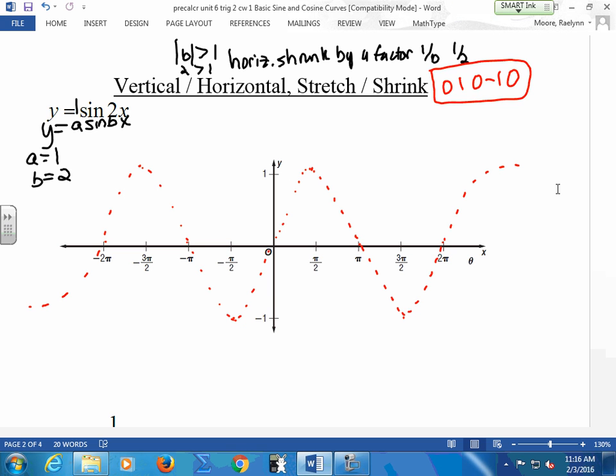Now, I want you to do 2 of these guys. So my frequency says 2. And write this down. I want 2 complete curves into pi. That means if I go from 0 to 2 pi, I want to see 2 of those things, not 1.